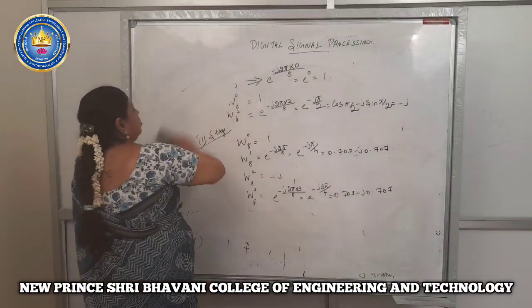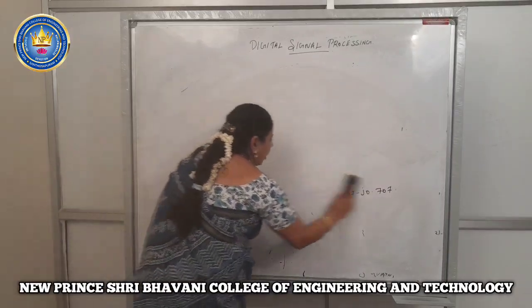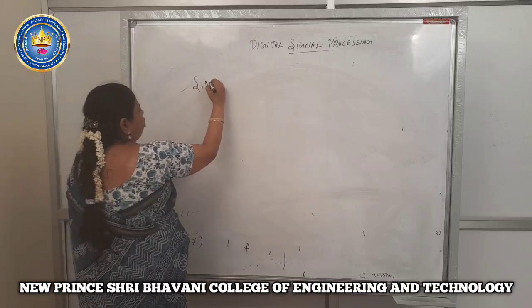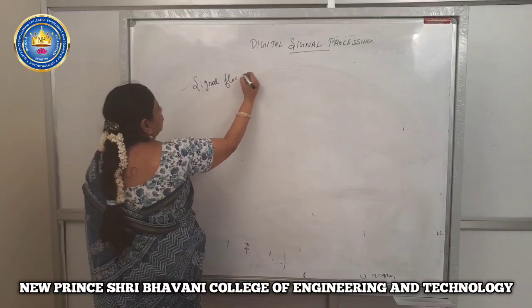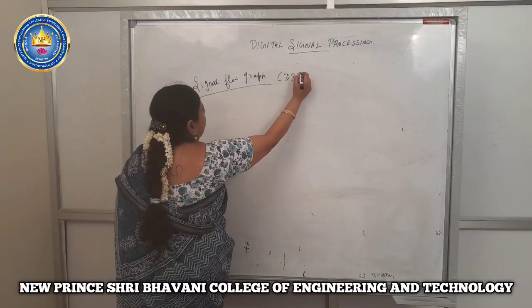Okay, so that is the thing. Now we have to do the computation. Before that, we have to look into the signal flow graph or the butterfly diagram for this DIT FFT.